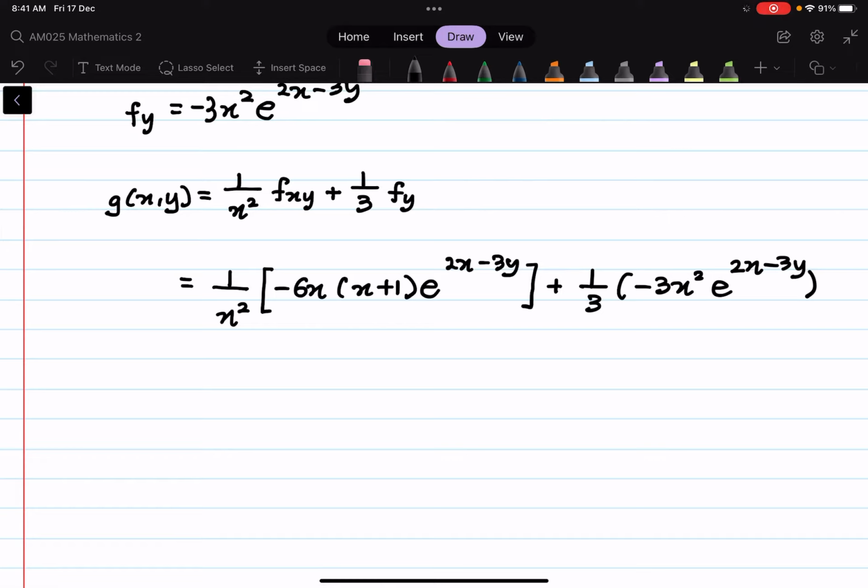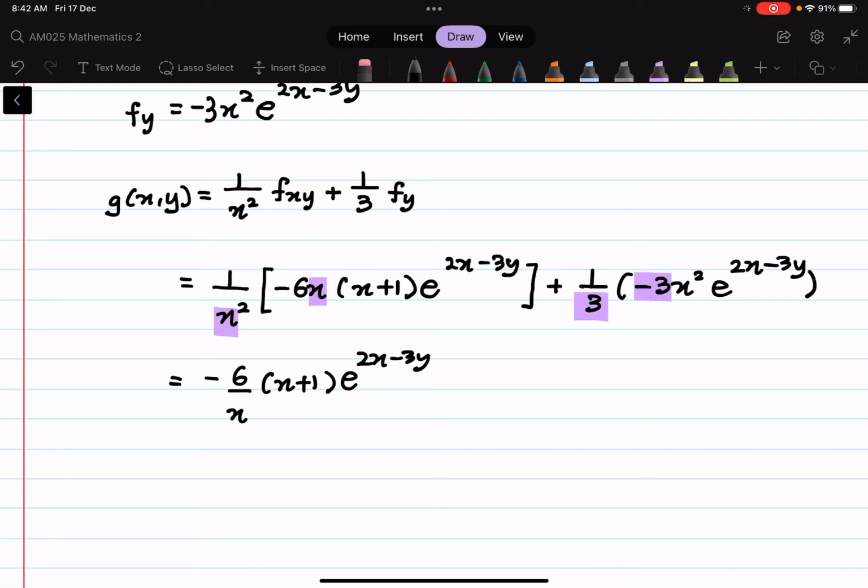So let us simplify. This is 1 over x squared here, and this is x here. If we divide, we're going to get negative 6 over x times (x + 1) e^(2x - 3y), and this is 1 over 3 times this negative 3 here.